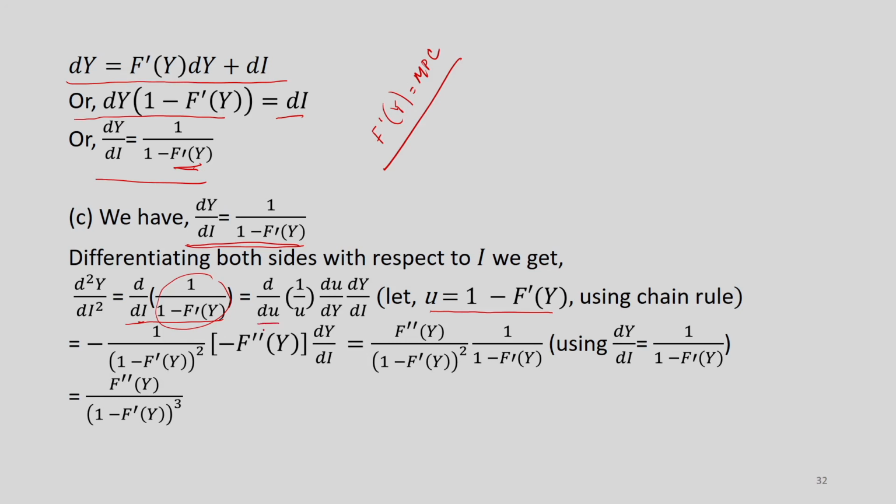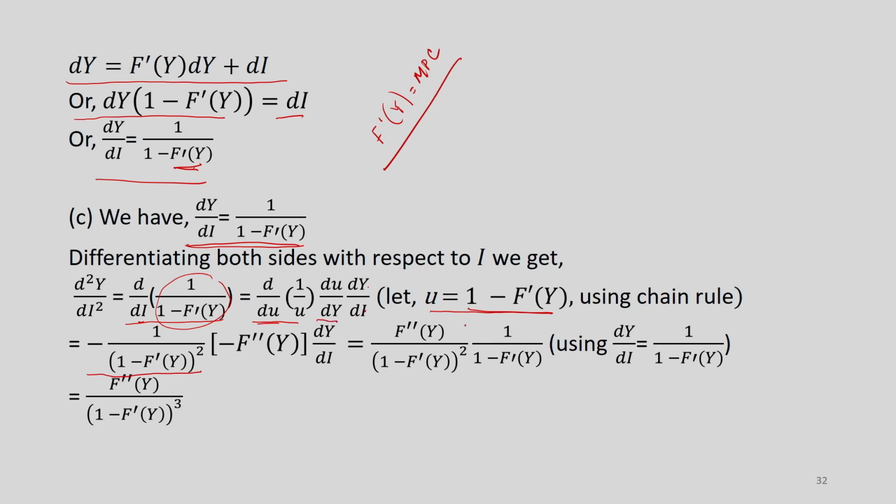So, I write du here, and using the chain rule I write du dy and dy di. In the next step, d du of 1 divided by u. So, what is that? It is minus 1 divided by u square, right. So, minus 1 divided by u square is coming here because this was u, so 1 divided by u square means 1 divided by 1 minus f prime of y whole square.